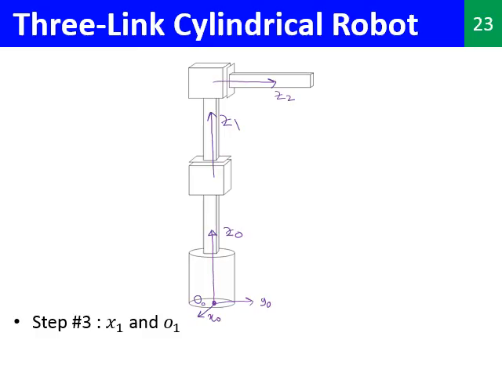So one such choice of X1 should be the one that goes through O0, similar to the previous example we did. But then our frame 1 is going to coincide with frame 0. So there is no point doing like that. So another option is to choose X1 going through joint 2 like this.